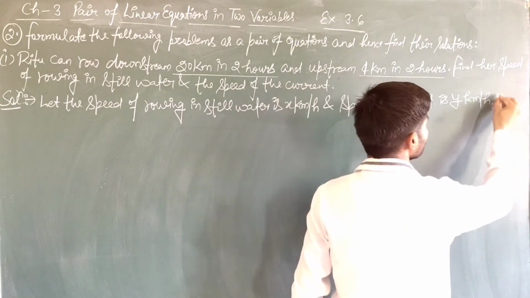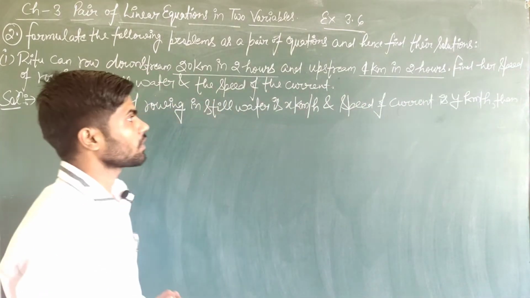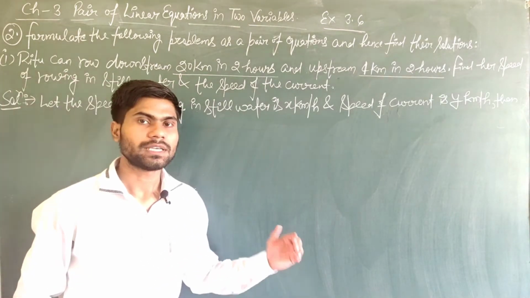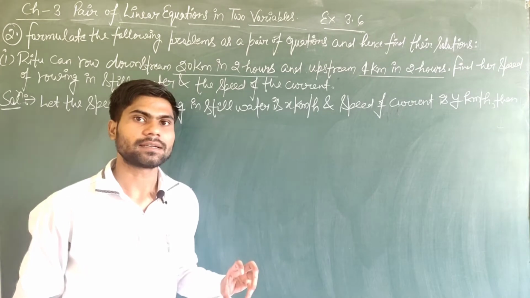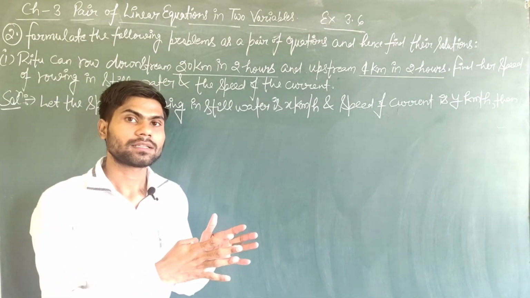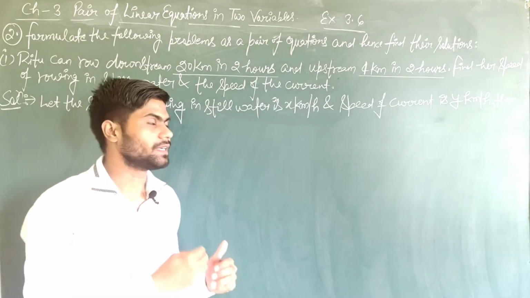Remember one thing always: if we move downstream, the speed of current will be added, and if we move upstream against the current, the speed of current will be subtracted from our speed.